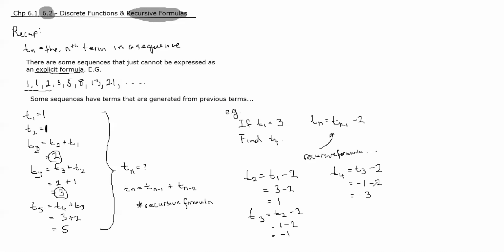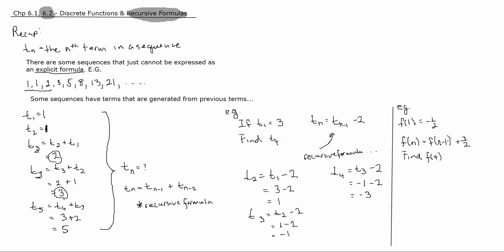Another one. This time I'm going to give a recursive formula in function notation. Here's another example. If f of 1 equals 1 over 2, and f of n is equal to f of n minus 1 plus 3 over 2, find f4.